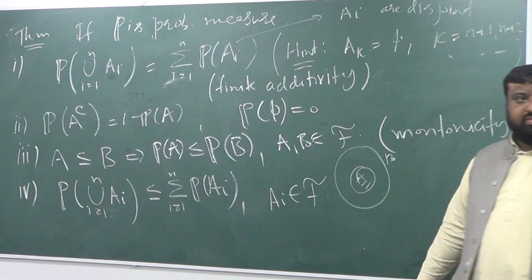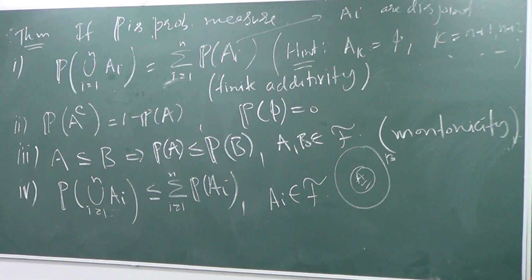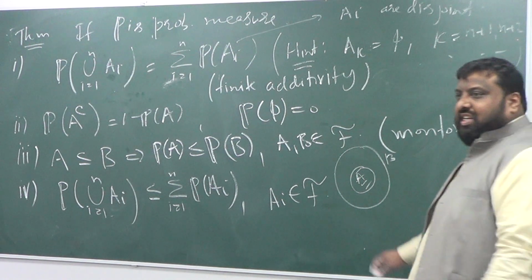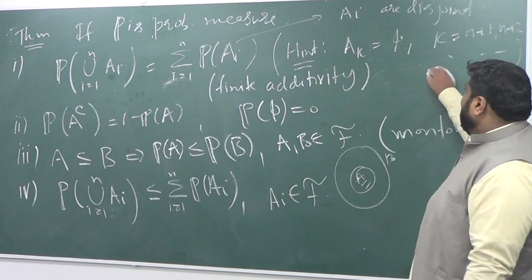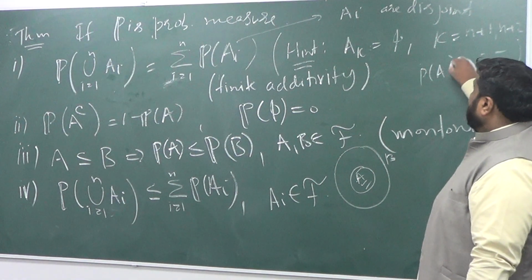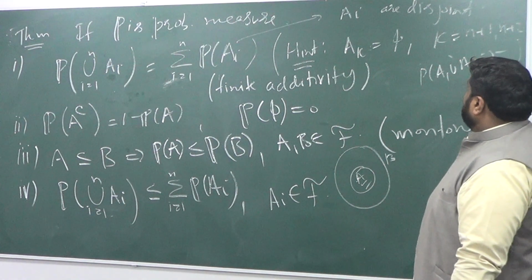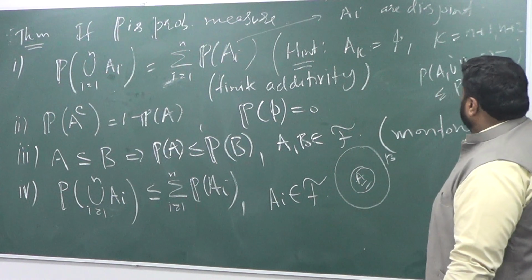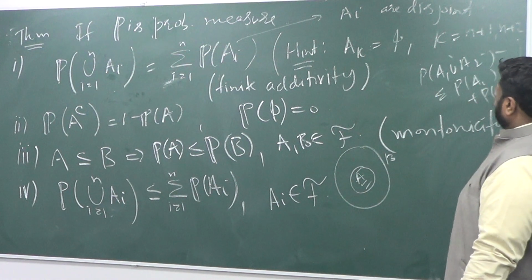Sir, this will work as first one, then sum from 2 to n, and so on? Use induction. The hint is induction. First you can prove this result: the probability of A1 union A2 is less than or equal to the probability of A1 plus the probability of A2.